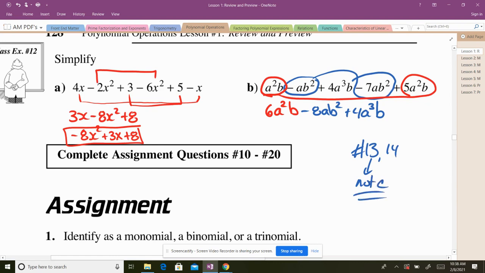All you gotta do is simplify them, please, by collecting your like terms. Essentially what we just did here. Yeah? The end of the lesson.